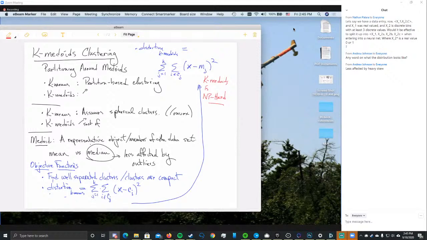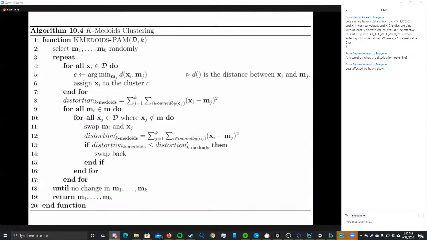So here's the pseudocode for the PAM algorithm. It's a little bit more complicated, but very similar in structure. We still feed it our data set. We still feed it K, so K still needs to be tuned.